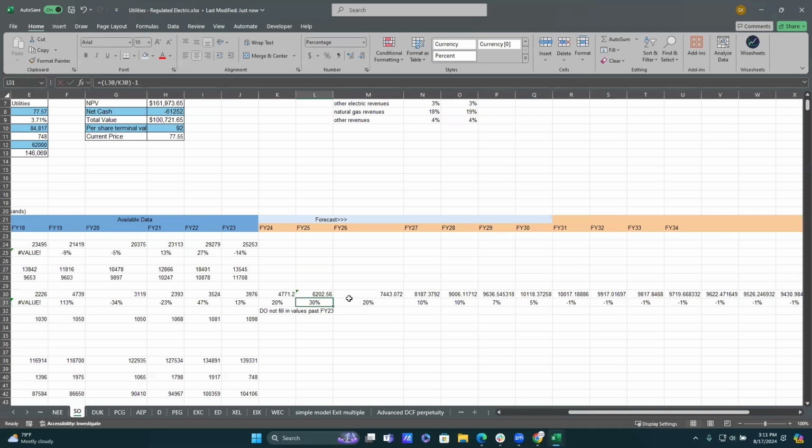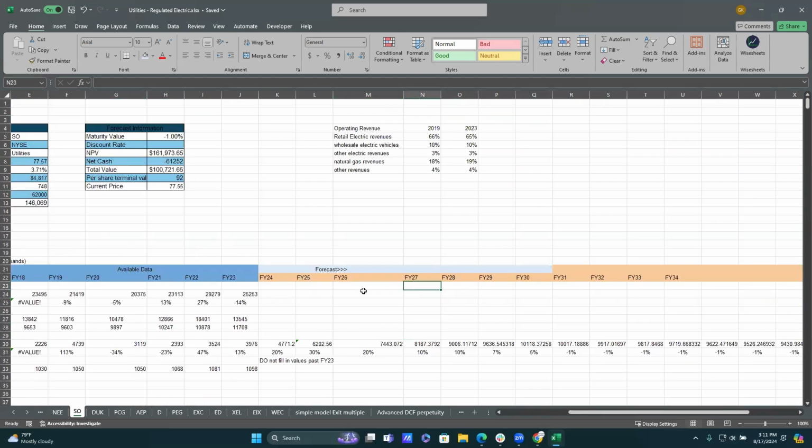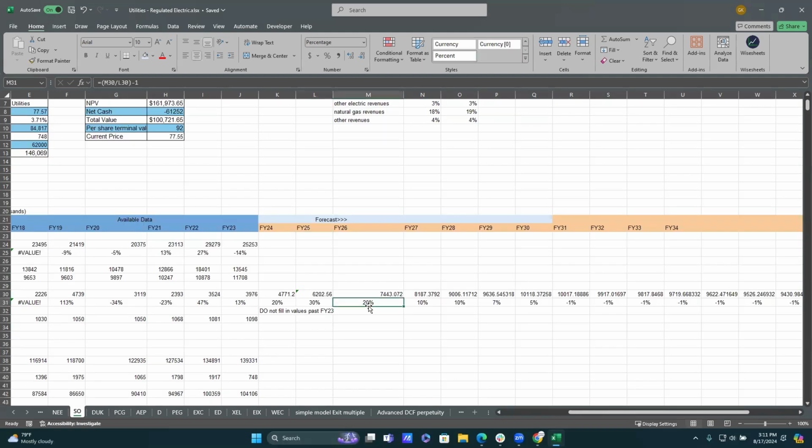You can't get it spot on, you can't predict the future, but I make these estimates with other information about the utility sector. For example, with Coca-Cola, I wouldn't be expecting their revenue or net income to increase by 30%. It really all depends on what the company is. And that's why we have you complete research on the sector and the company, so that you have an understanding of what's happening in that sector. And then it looks like what I did here was in fiscal year 26, I brought it down a little bit.